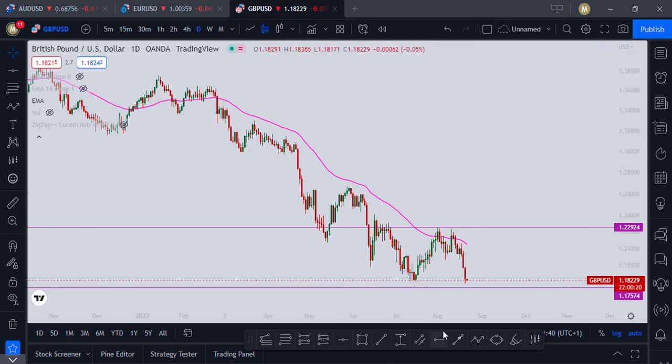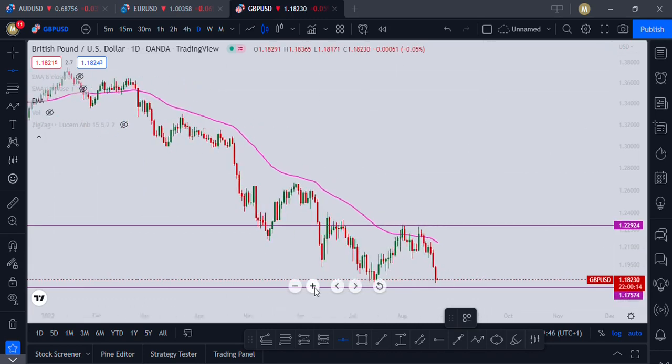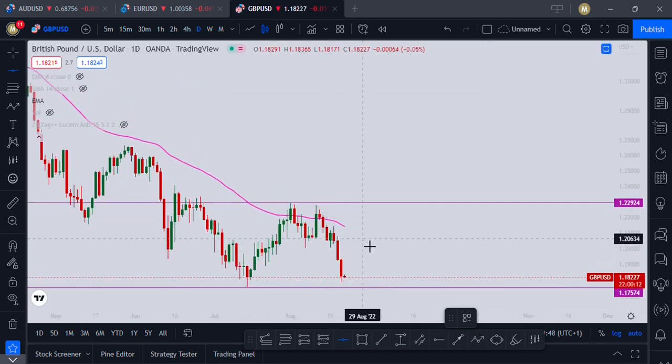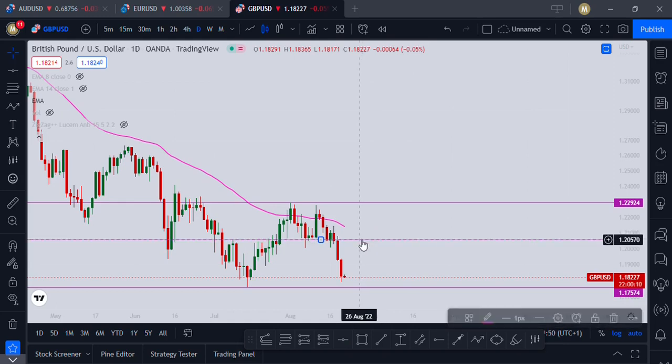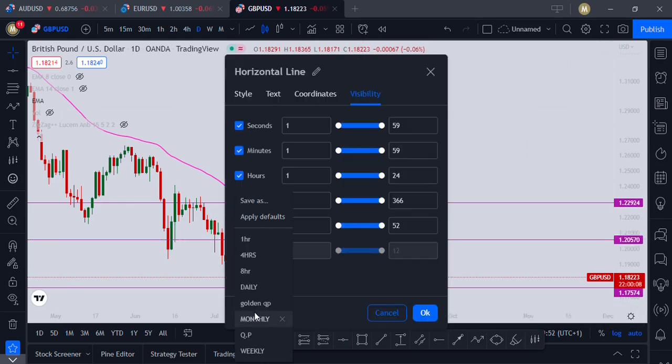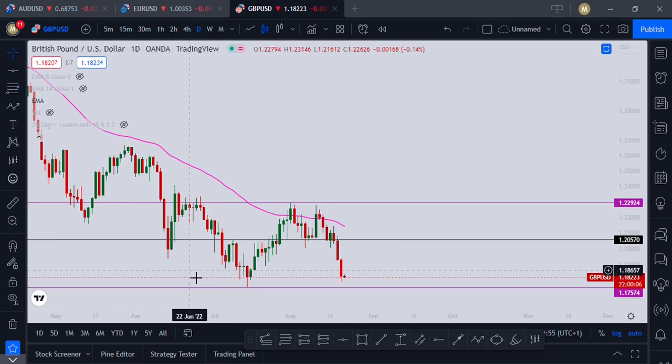Let's mark out the daily. Let me zoom in. Good.